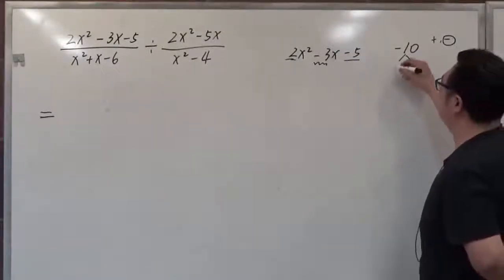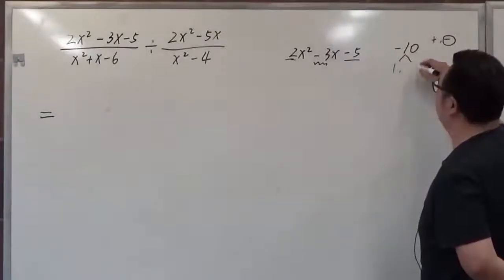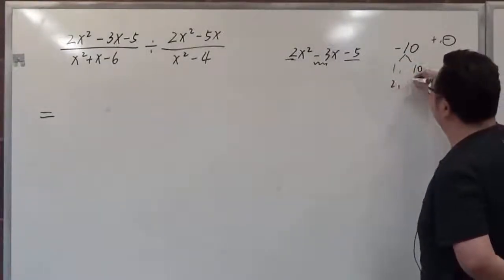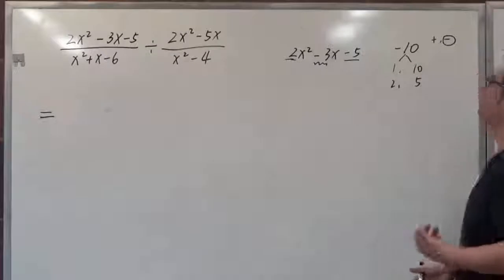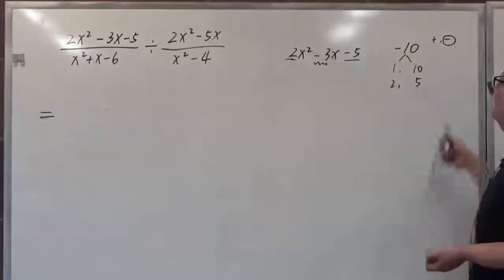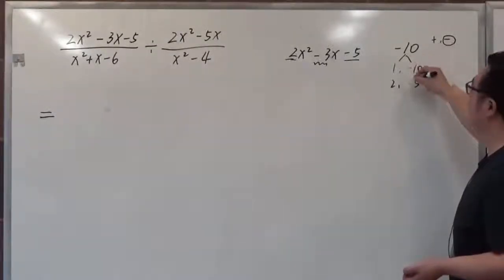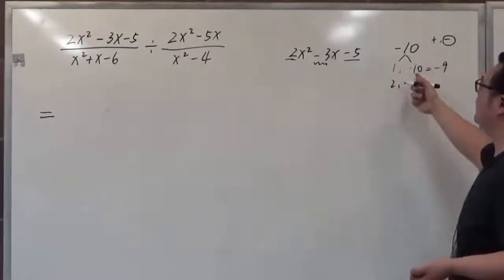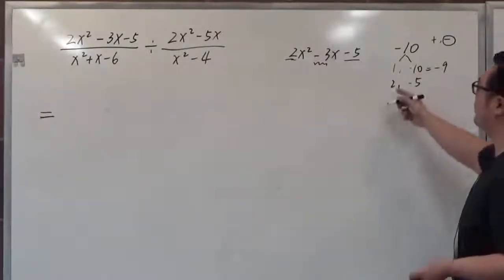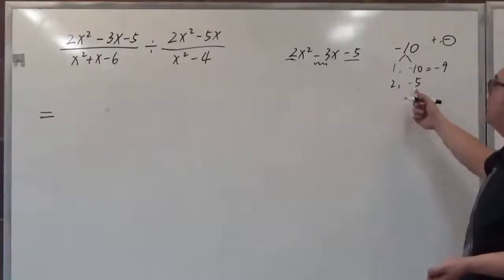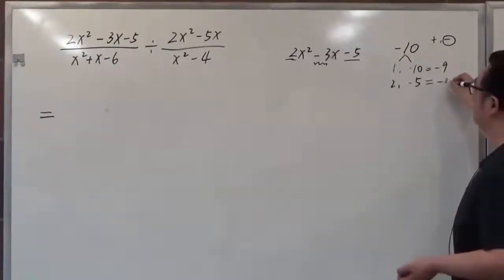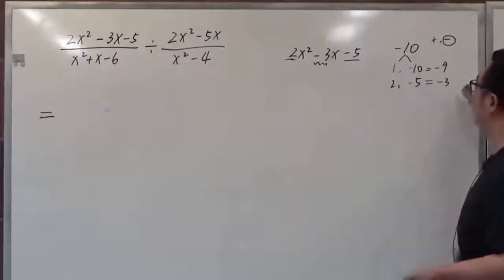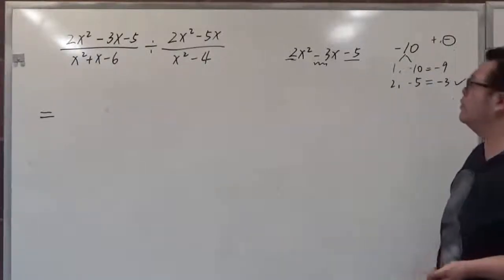So we list out everything possible. There are only two pairs, 1 and 10, 2 and 5. Then we keep the larger one negative. The first pair, 1 and negative 10, has a sum of negative 9. The second pair, 2 and negative 5, gives a sum of negative 3. Negative 3 is what we're looking for.